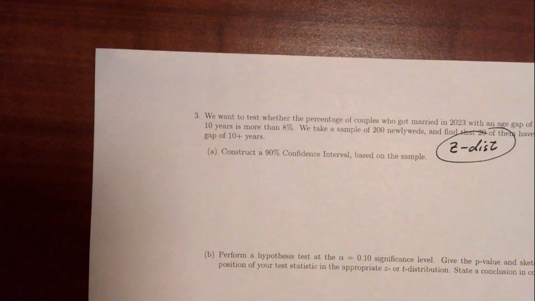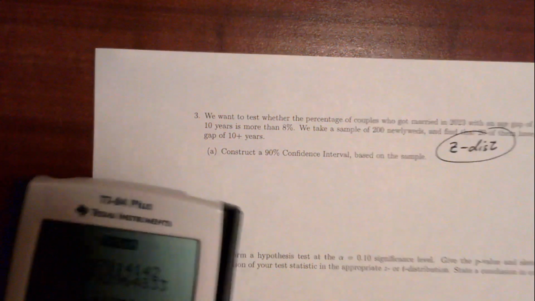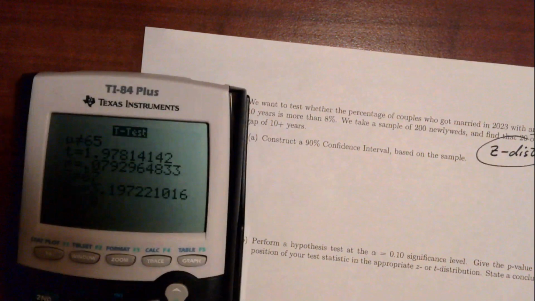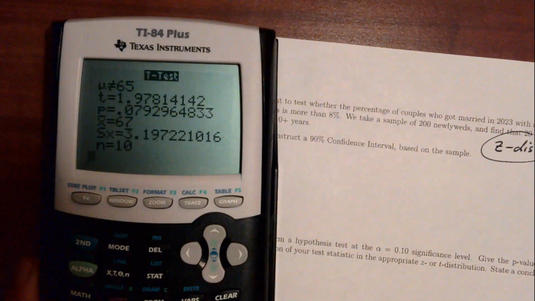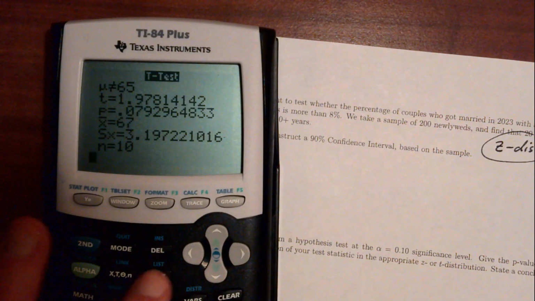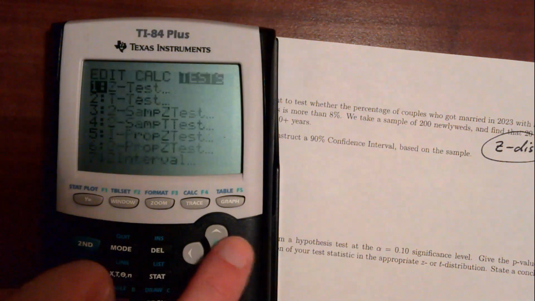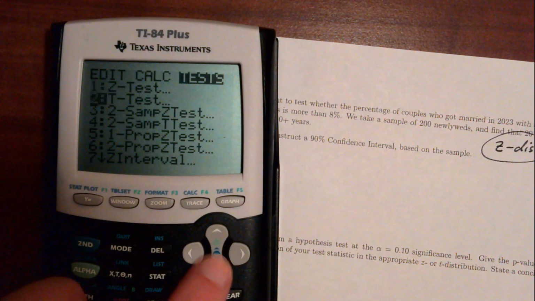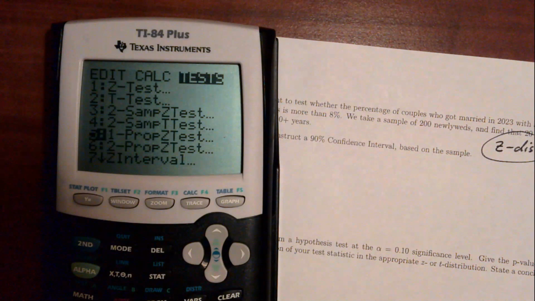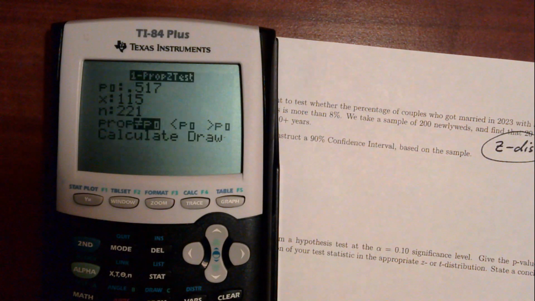Okay. Well, here we go. And now let's just have a look at what the proportion side of things looks like in the statistics menu. So you go once again, Statistics, over to Tests. Find yourself a one proportion z-test. So there it is. And now what you need to enter are the specifics of this particular situation.